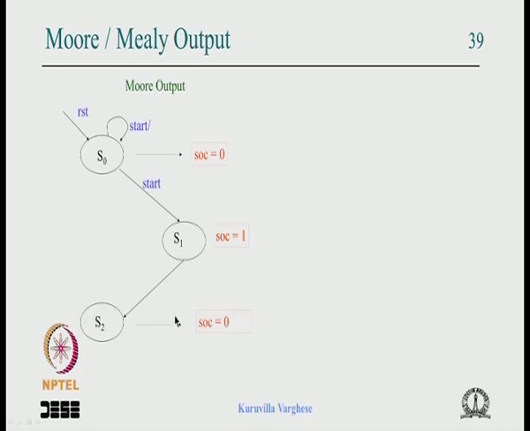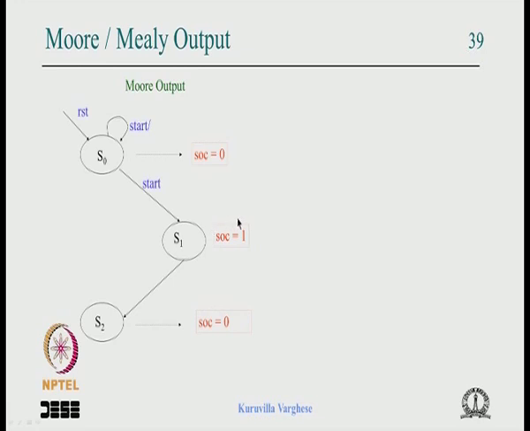That is a clear picture, and since this is an unconditional transition, when the start is detected on the clock, it comes to S1, and in the next clock it goes to S2. So you know that the pulse width of this SOC is 1 clock period, because the minimum time a state machine can remain in a state is 1 clock period, because everything happens in terms of the clock edge. So this is a Moore output.